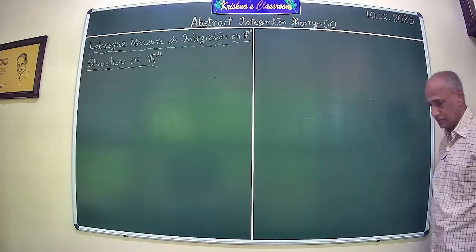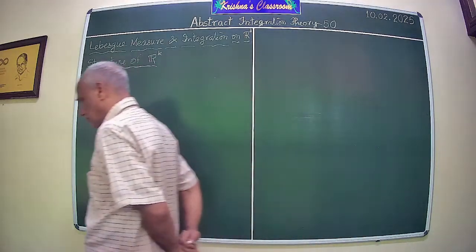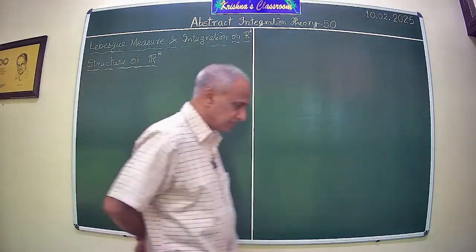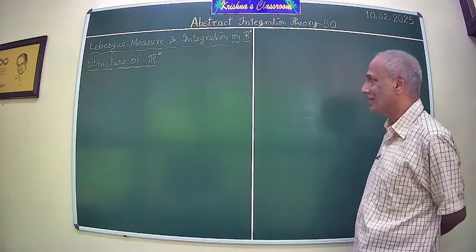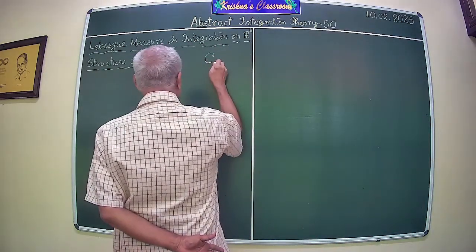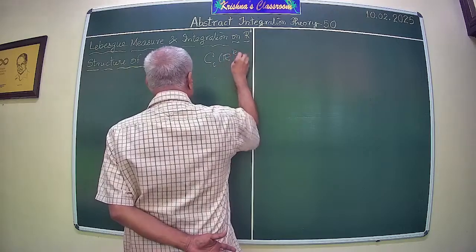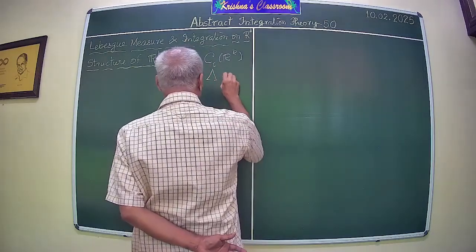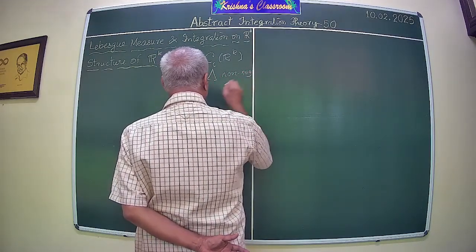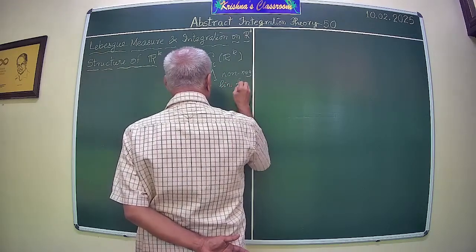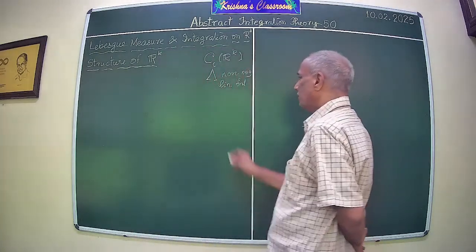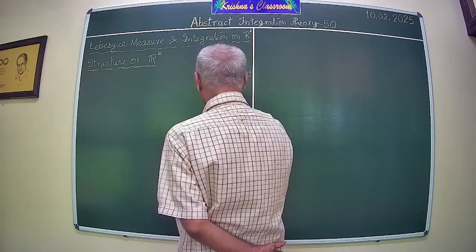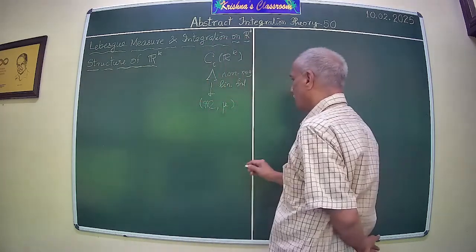That means we start with a suitable non-negative linear functional on C_c(R^k). We take C_c(R^k), start with a non-negative linear functional on that, and then through that we introduce a measurable class of functions on R^k.